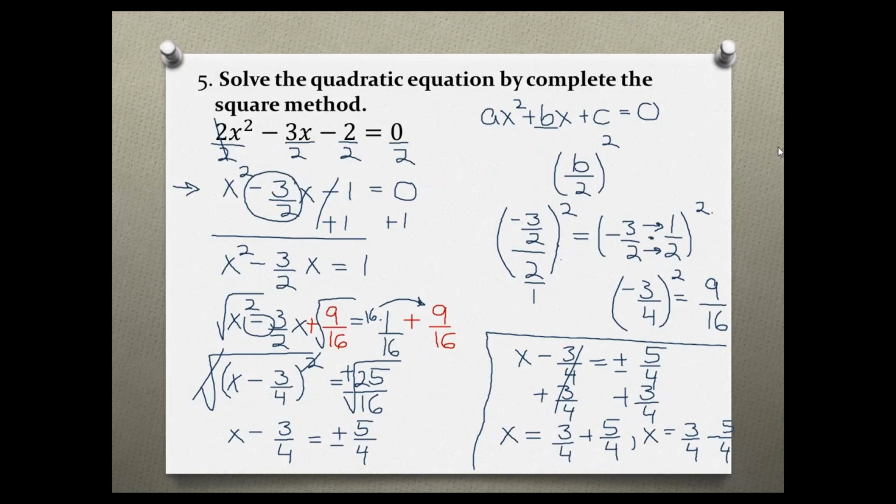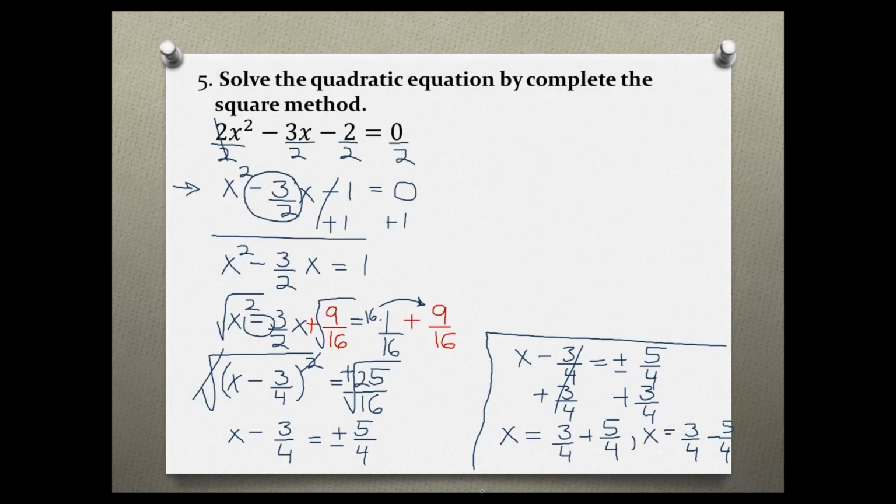So I'm still not done here. I can add and subtract these two fractions, and this is going to be easy because both have the same denominator. So 3 plus 5 is 8 over 4. x equals 8 over 4, and I can simplify that to 2. 8 divided by 4 is 2.